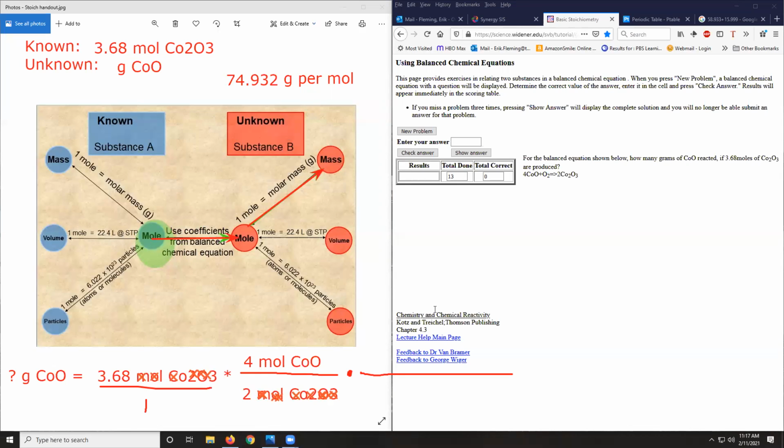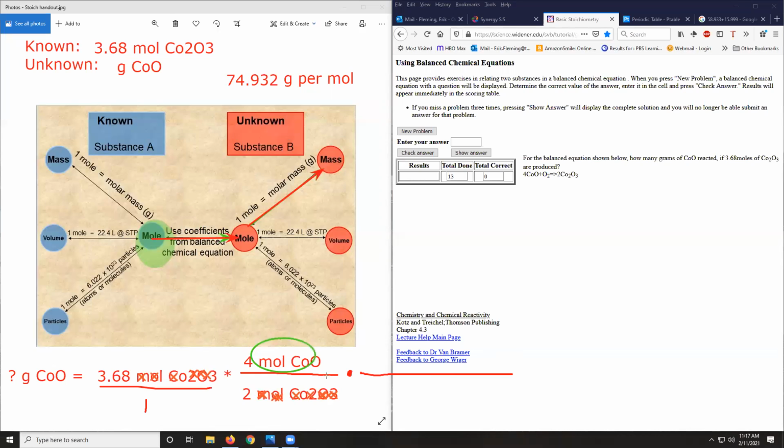Wait, grams per mole is two things. Grams is going one place, mole is going the other place. I'll put the mole on top and the grams on bottom. Because wouldn't the grams have to cancel out the CoO? So it's going to be grams of cobalt oxide per mole cobalt oxide.